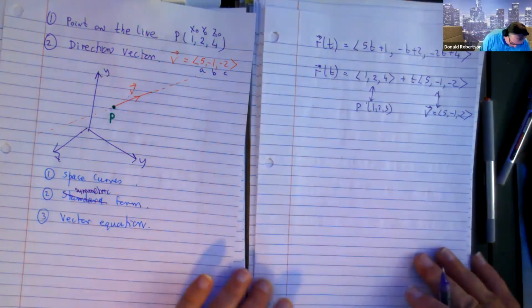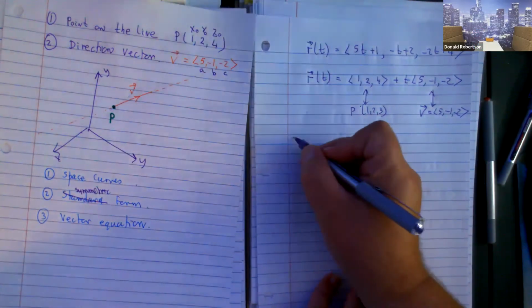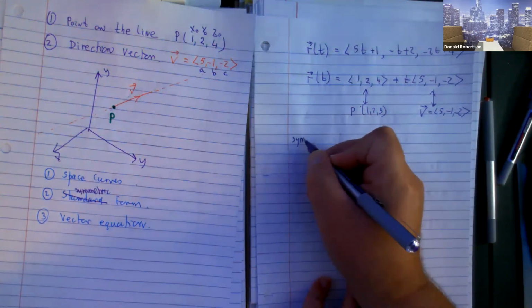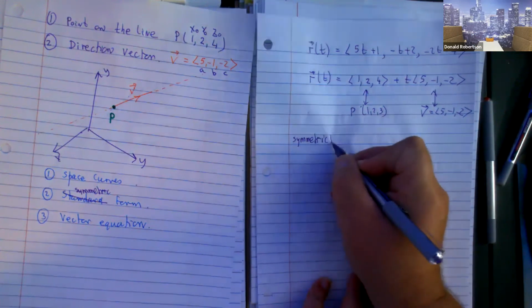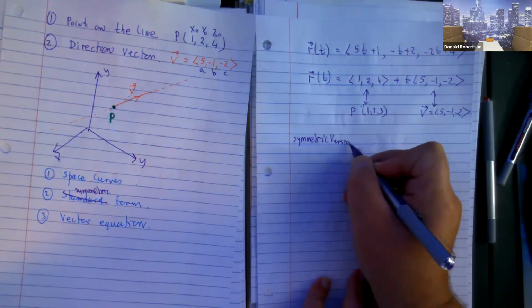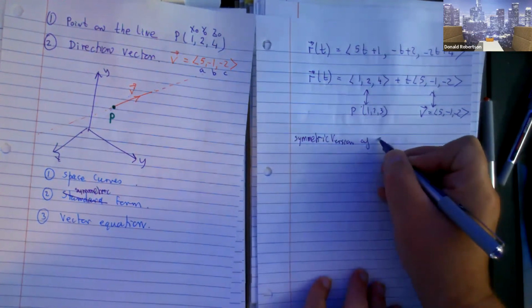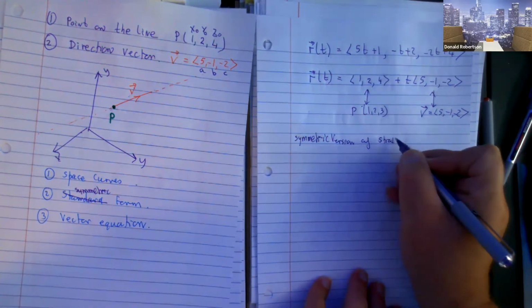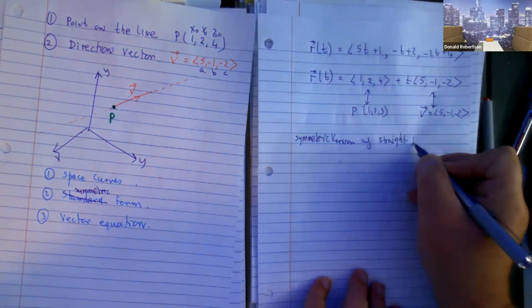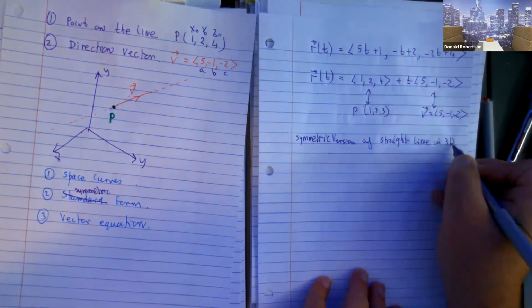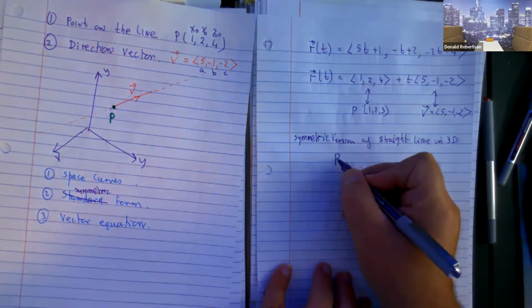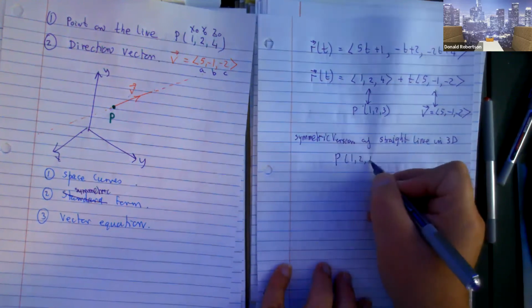Now, the third one is the weirder one, and that is the symmetric version of a straight line in 3D. So let's imagine we've got our point P, (1, 2, 4).